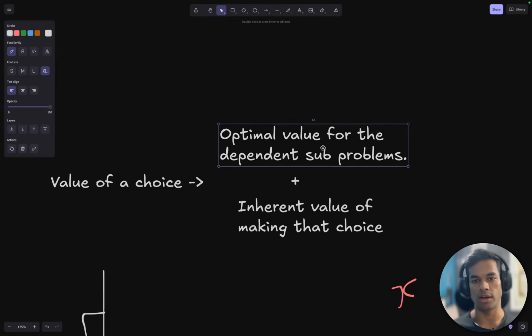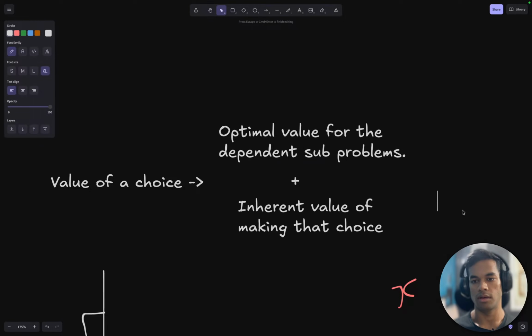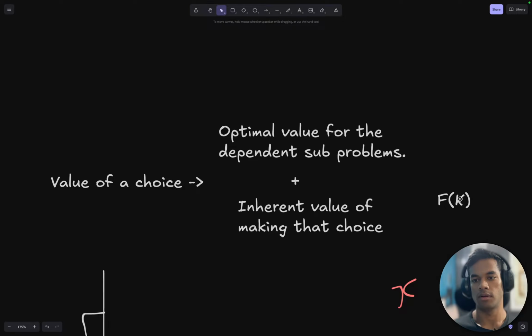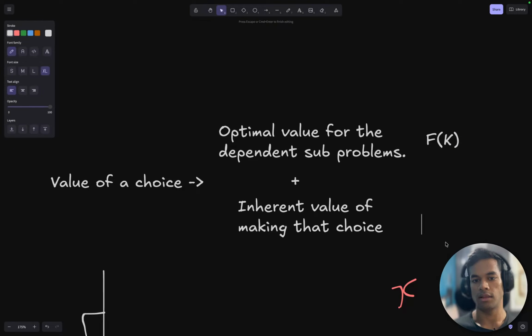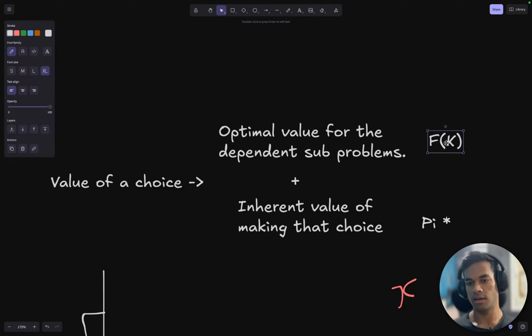Here the optimal value for dependent subproblems would be returned by the f function, and the inherent value of making that choice would be pi times the height of this thing, and the height would be whatever subtree I get.